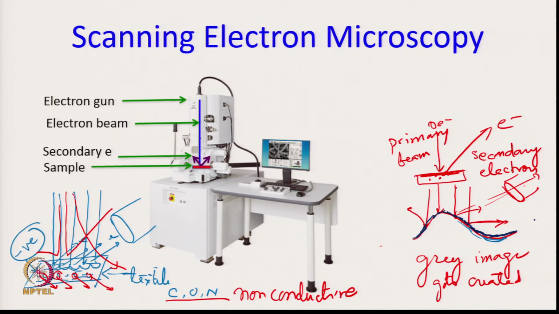Now, one has to make sure that if I have features like this and I deposit a layer like this, then obviously I have lost all the features. So, if I am looking at nanometer scale features, my coating has to be in angstroms only, then I can find those kinds of features; otherwise all those features will be lost.